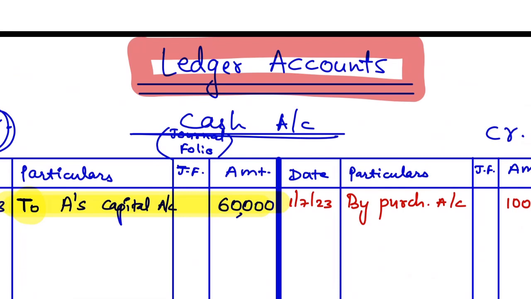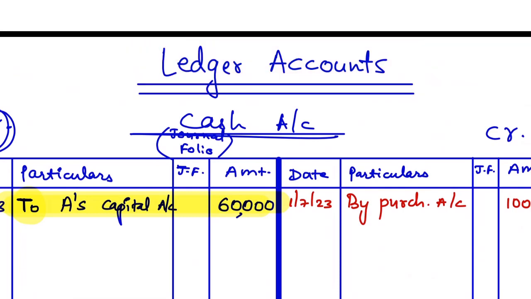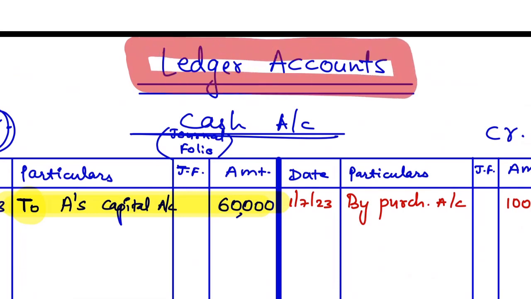Is it clear to everyone? Come on, tell me. Can you do the ledger postings by yourself? Yes or no? See, your answers are the motivation for us.